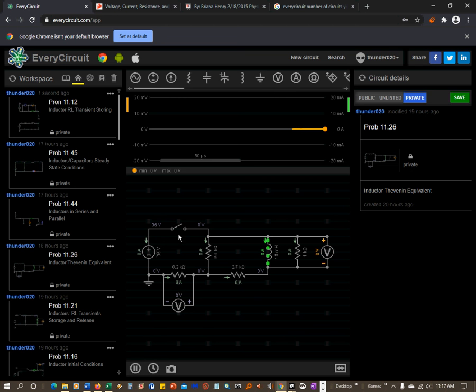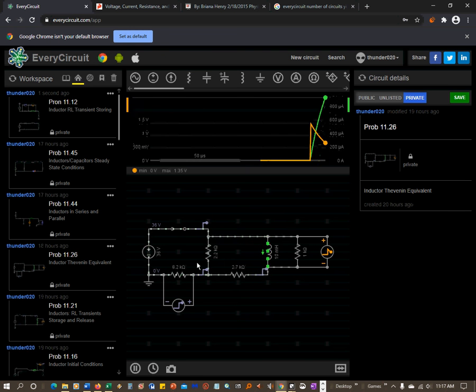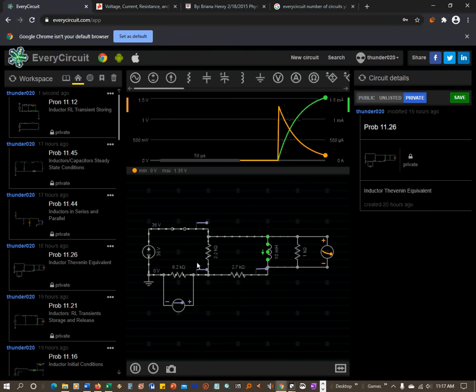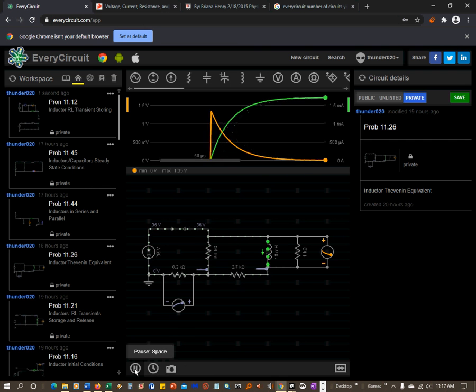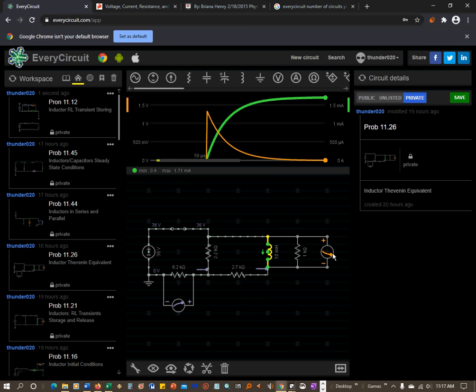So I turn my circuit on, I close the switch, and again, here's what you get. So if I look at this, it has a minimum of 0 amps, a max of 1.71 milliamps, and then this is a minimum of 0 volts that it decays down to, a maximum of 1.35 volts.